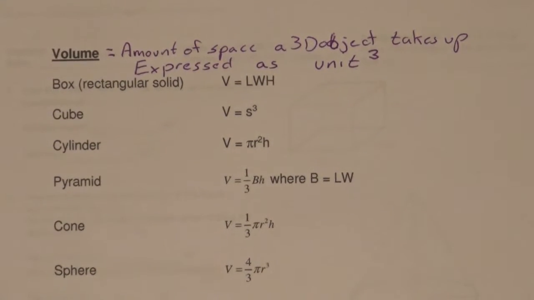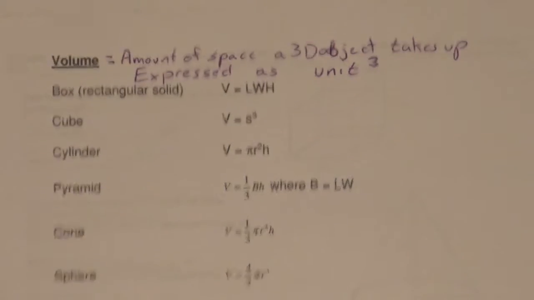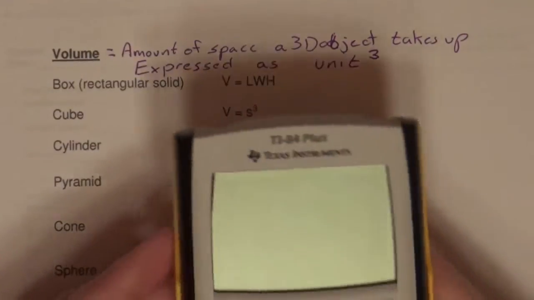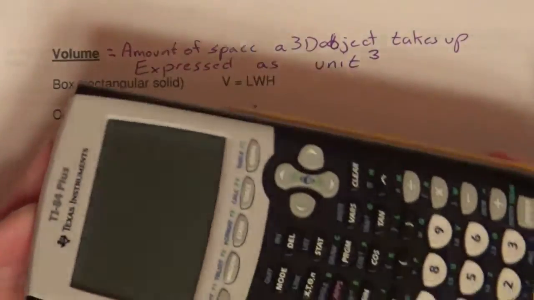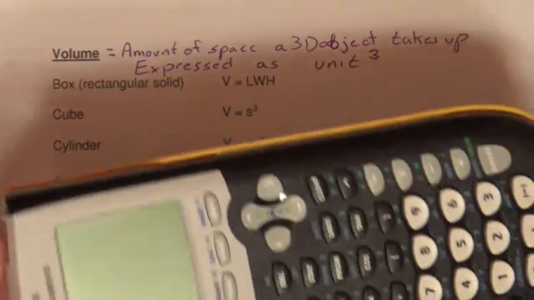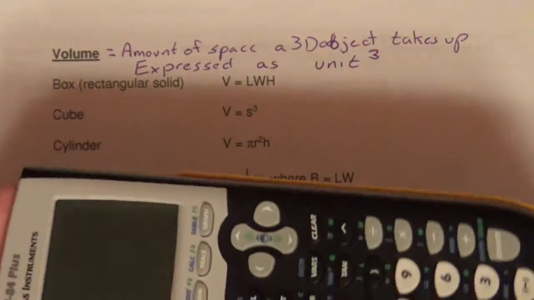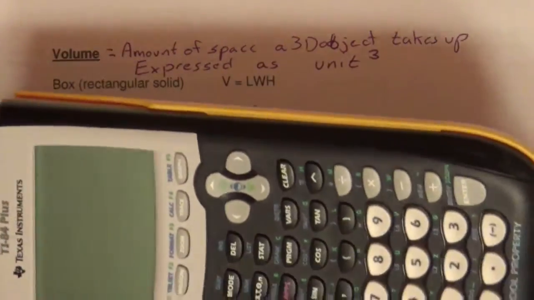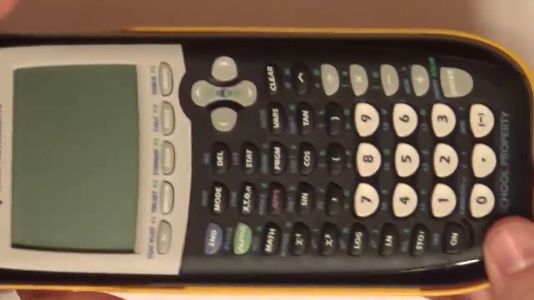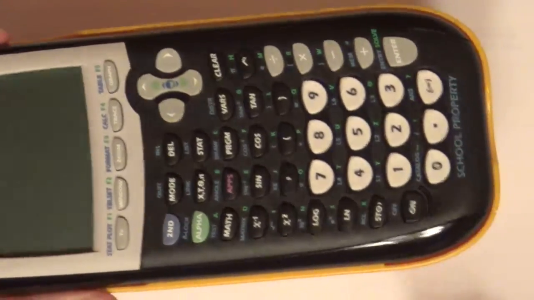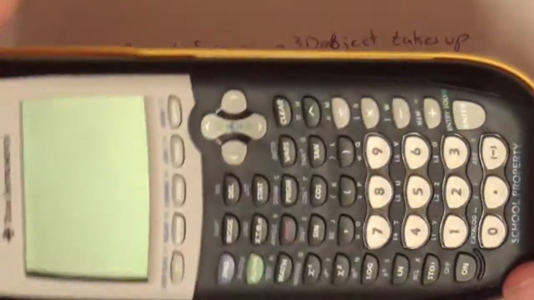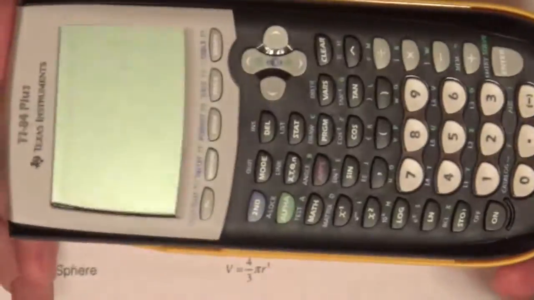One is called volume. Volume, if you can remember back from your grade school days, is basically how much space an object takes up. So I have a calendar here, and it takes up space. The way we know that is because it's a three-dimensional object. It has a length, a width, and a height, and because of that, it takes up space.